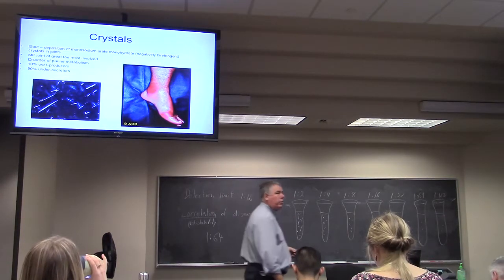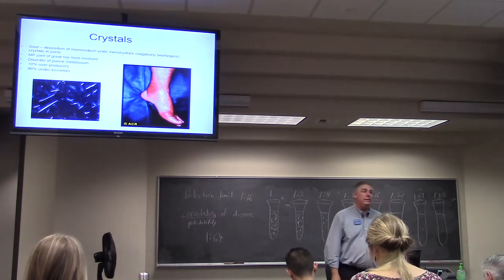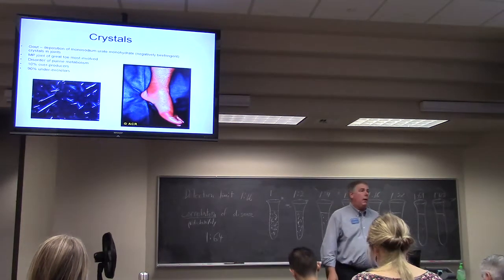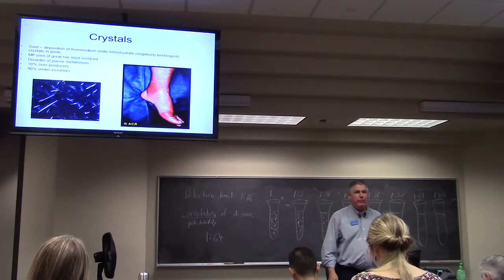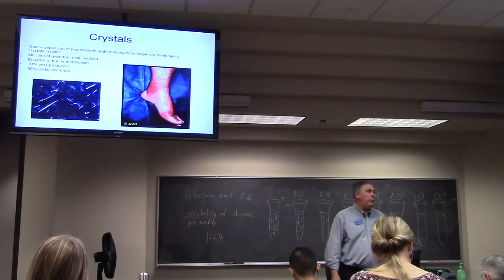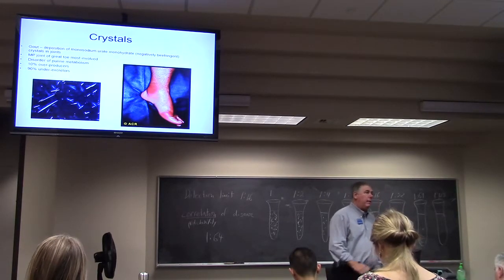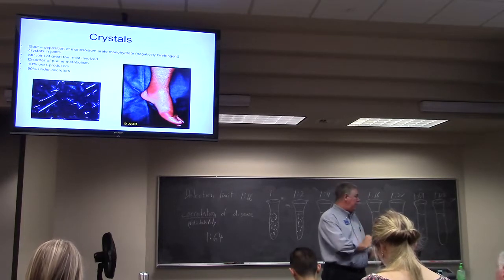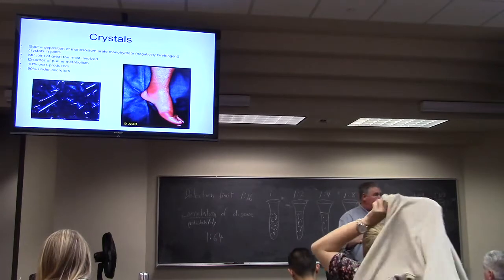Crystallopathies. There are two crystallopathies that are of primary concern. One is gout and one is pseudo-gout. Gout you've heard of many times. It's the deposition of monosodium urate crystals in the joint space. If you have a high uric acid level, that's fine.